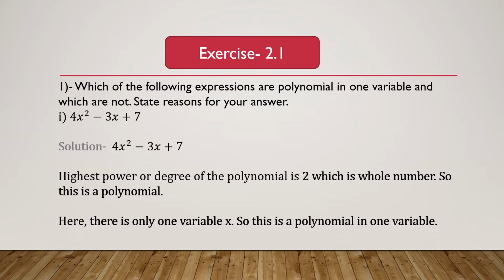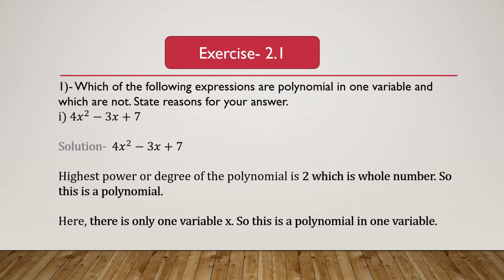Here the highest power, that is the degree of the polynomial, is 2, as in x square. In 4x square, the degree of x square is 2. So the degree of the polynomial, that is the highest power, is 2, and 2 is a whole number.